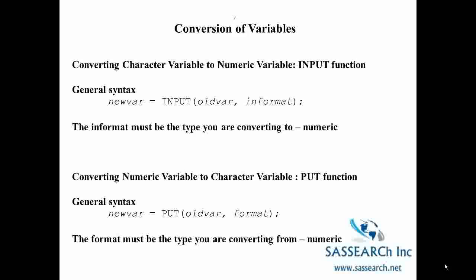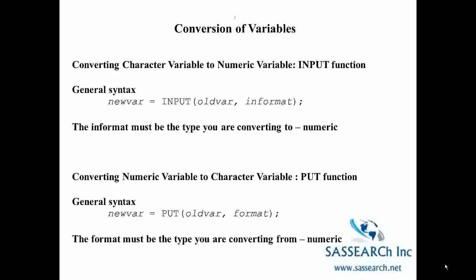Let's say you have a situation where you want to convert a variable that is a character string to a numeric variable. You can use the input function to do that. A situation where you would need to do that is, let's say that someone inputted a date as a character string. If a date is input as a character string, then SAS is not going to automatically convert it to a SAS numeric value.